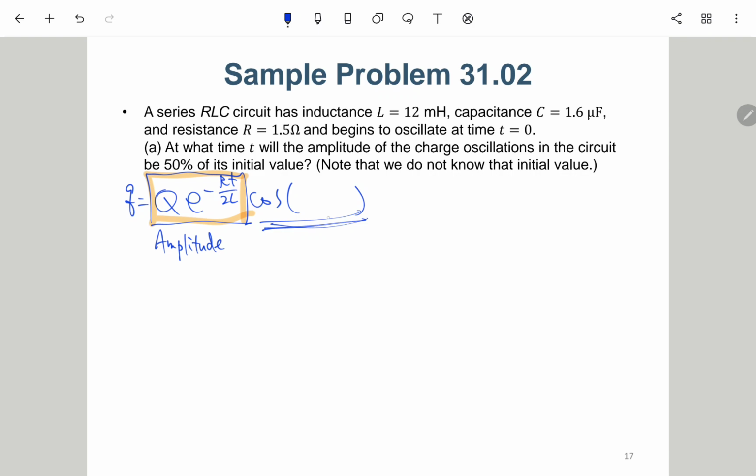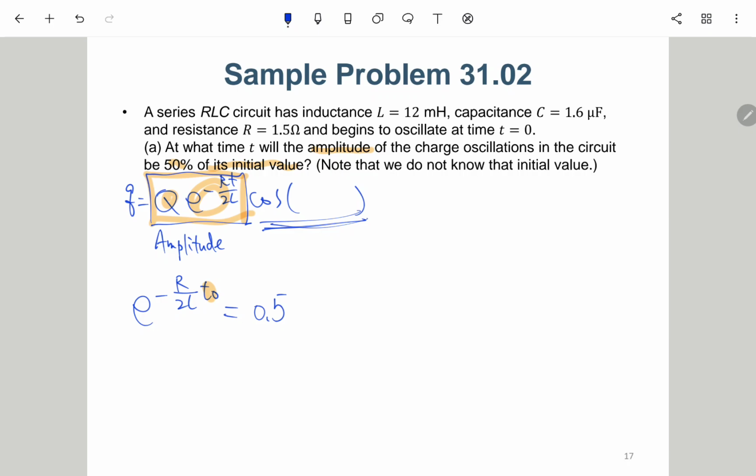This is an oscillation, so we ignore the cosine part and just care about when the amplitude becomes half. 50% means half of its initial value, which means Q doesn't change, so this stuff becomes 1/2. So when exponential to negative R over 2L T0 equals 1/2, we hope to find this T0.